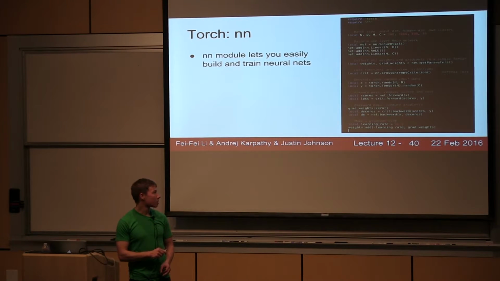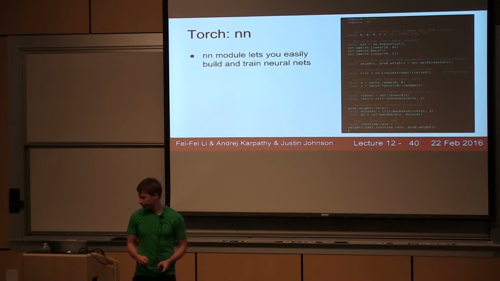For our backward pass, we first set our gradients to 0, call backward on the loss function, and then backward on the network. Now this has updated all of the gradients for the network in the gradParams, so we can make a gradient step very easily. This would be multiplying the gradWeights by the opposite of the learning rate, and then adding it to the weights. So that's a simple gradient descent update.